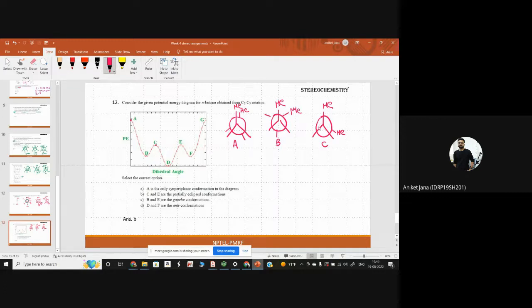Why are we saying partially eclipsed? Because here hydrogen is present, whereas in the original eclipsed, two methyl groups were eclipsing each other. That is why the energy of A is much higher than the energy of C, where the interaction is between methyl and hydrogen. Can you correlate with that energy profile diagram?